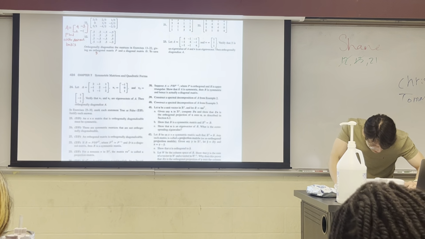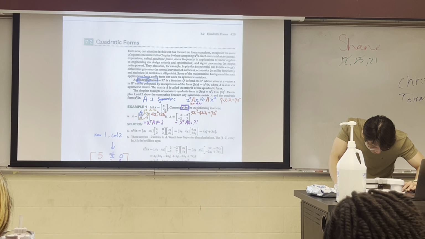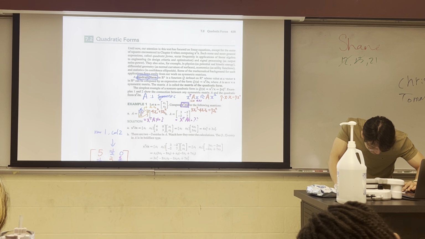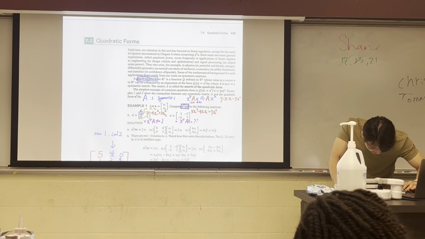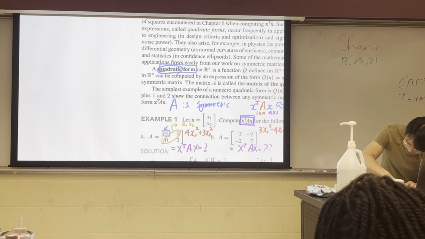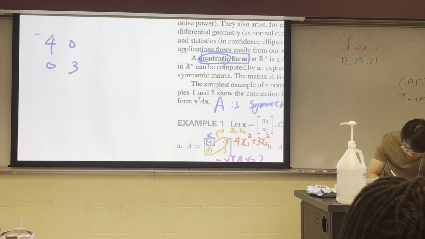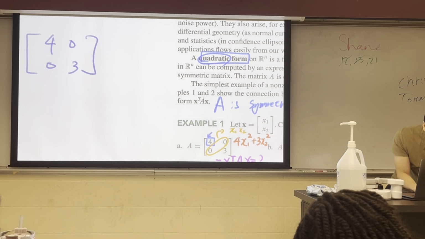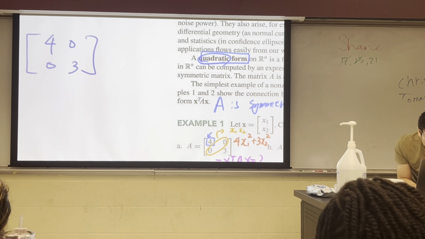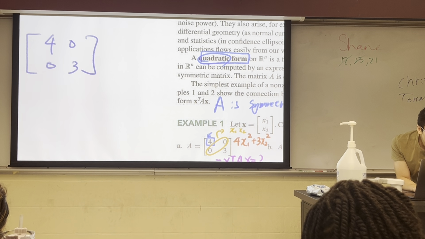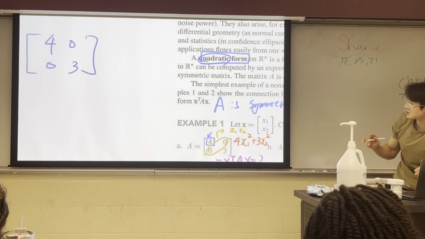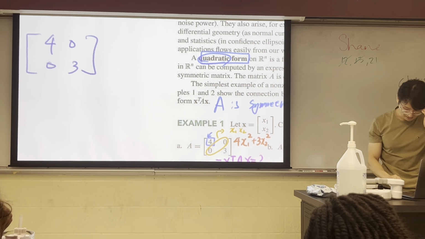I just calculated it. Sorry guys, that was quite messy. Let's try this. It's quite simple. What is the eigenvalue of this? 4 and 3. Yes. Based on that, find the eigenvector.